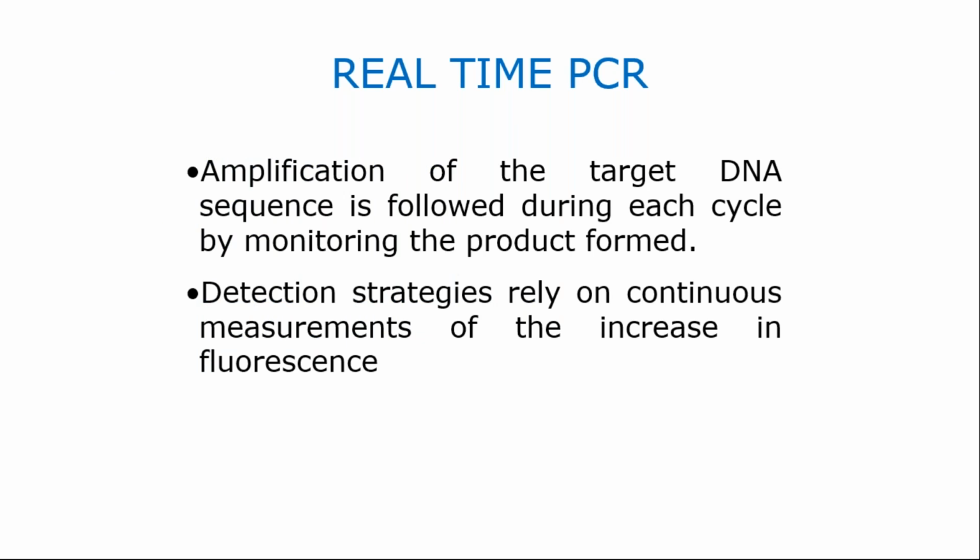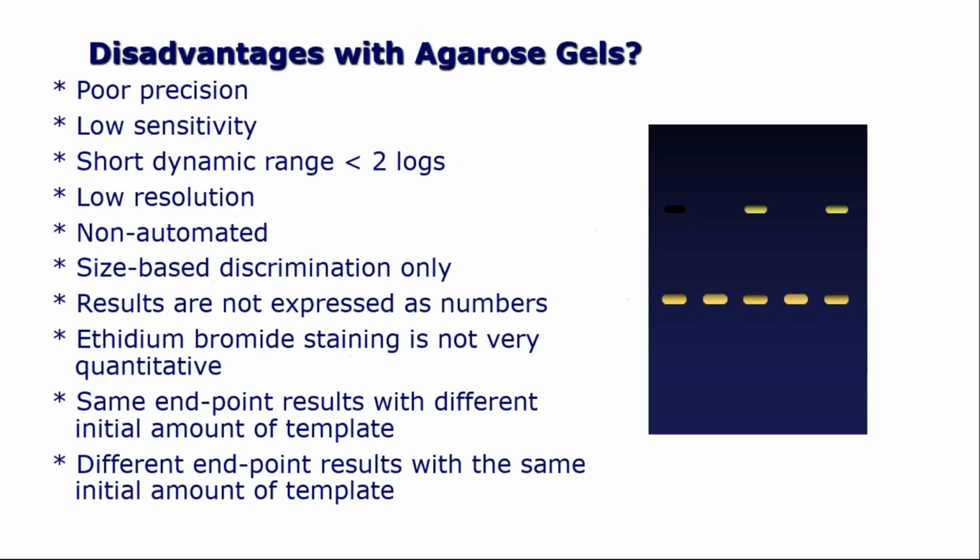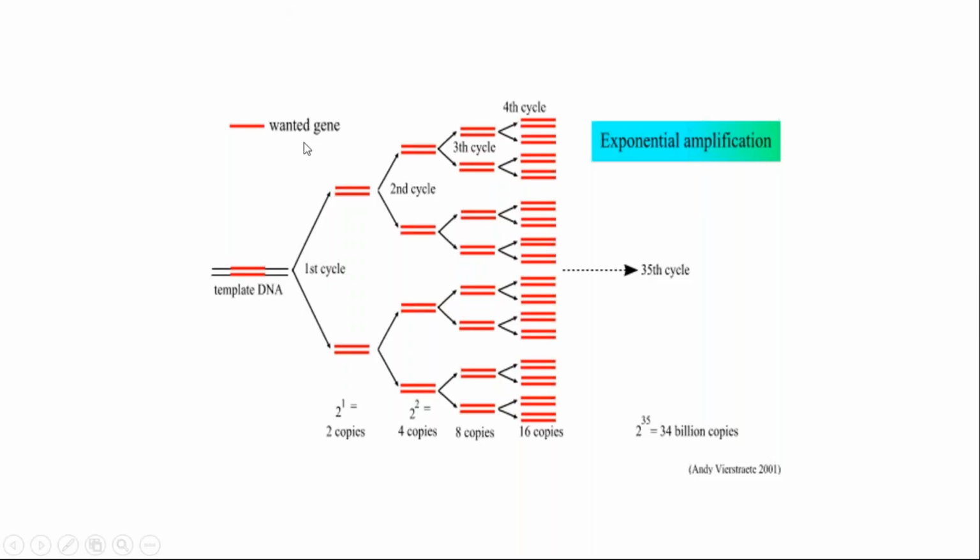So to overcome this, the technique called real-time PCR has been discovered, and here the amplification of the target DNA sequence can be followed at every cycle by monitoring the product formed. So if we go back here, it will monitor in the first cycle and tell us there are only 2 copies.